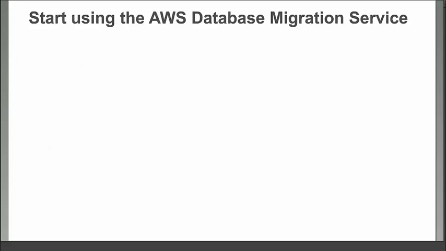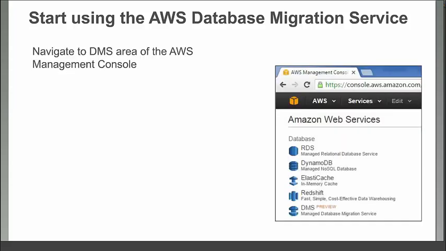To summarize, if you would like to start using the database migration service, the first thing I would recommend doing is to go to the AWS Management Console and find the shortcut to the DMS page of the Management Console.